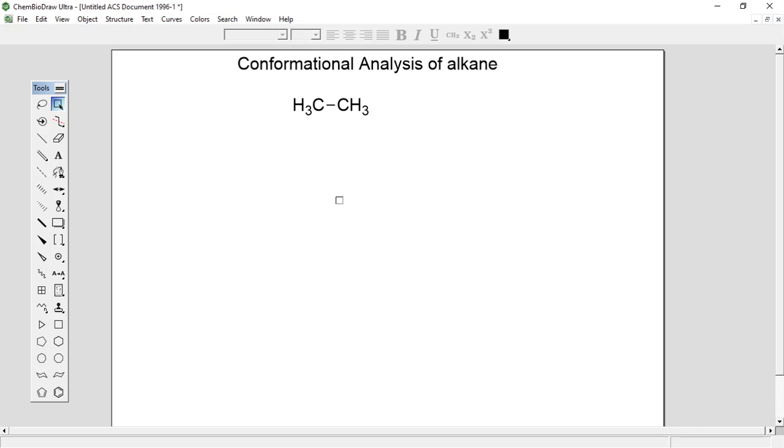So let's see the conformational analysis of ethane. So this is the structure of ethane, having this CH3 CH3.